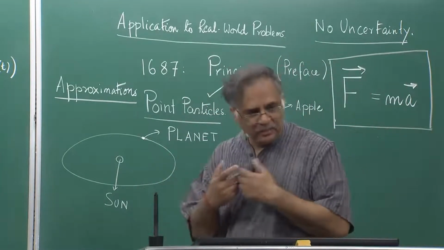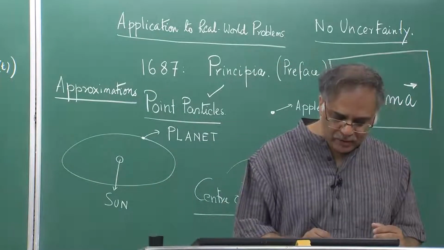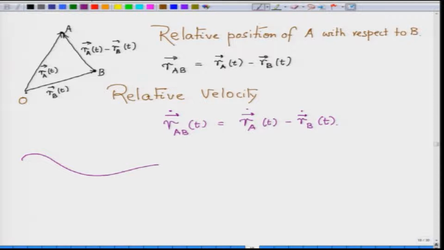How do I mathematically express it? Let me tell you, force: suppose here is a particle moving, here is this P, and a force is acting on it. Now this force that is acting on it is also a vector, and it will change in general with the change of the position.